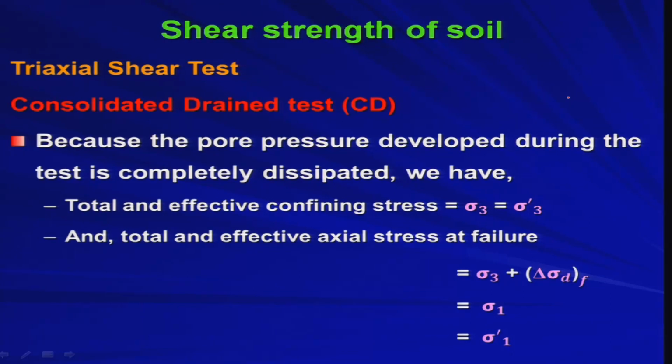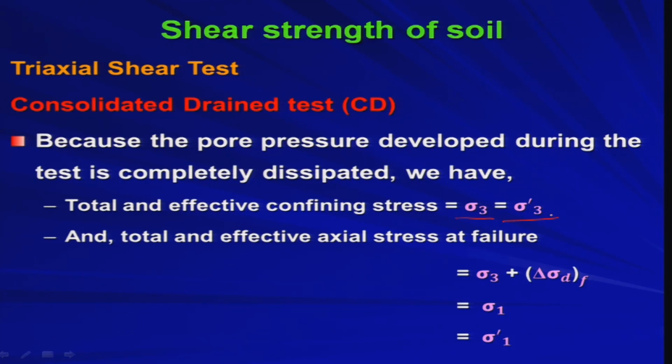Whatever pore pressure was developing inside the soil specimen due to the application of sigma 3 alone, and then sigma 3 plus delta sigma d in the axial direction, you have allowed the drainage. Therefore, no pore pressure builds up, and so we can say the total and effective confining stress, that is sigma 3, is nothing but sigma 3 prime.